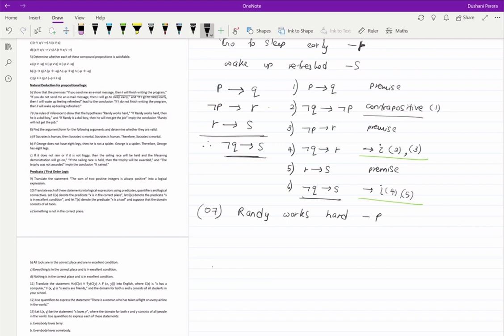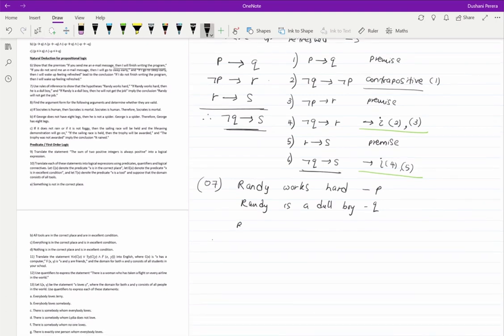Randy is a dull boy is Q. If Randy is a dull boy, then he will not get the job. Randy will get the job, let's say it's R. So the question says Randy will not get the job, but then I wrote the premise in the positive form as Randy will get the job.